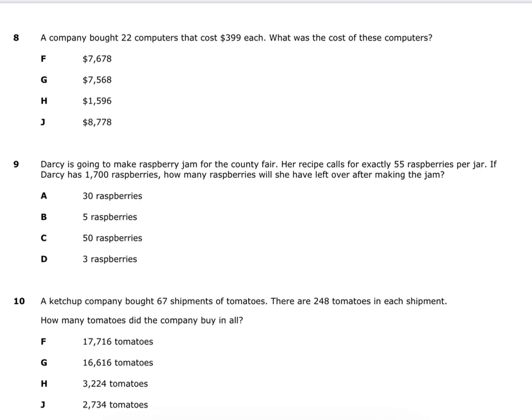Okay, let's look at number 9. Darcy is going to make raspberry jam for the county fair. Her recipe calls for exactly 55 raspberries per jar. If Darcy has 1,700 raspberries, how many raspberries will she have left over after making the jam? Okay, so let's think.